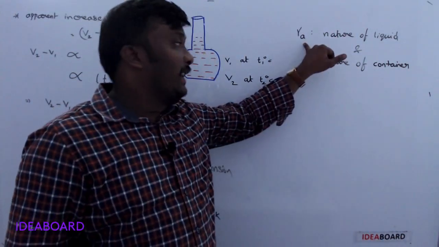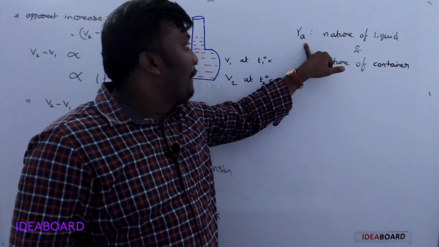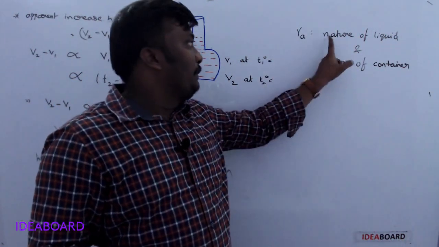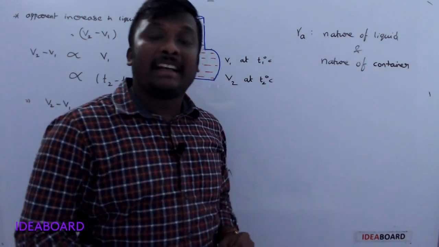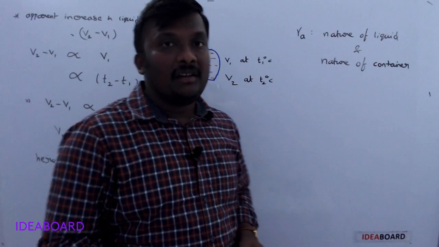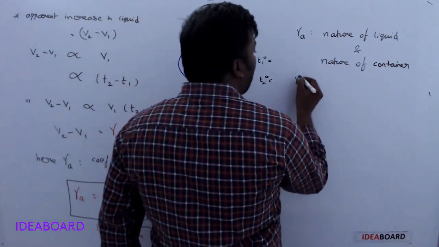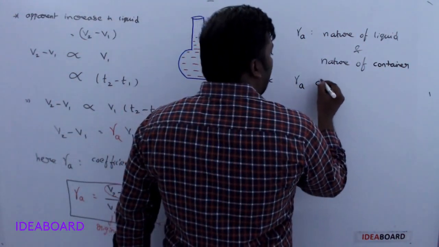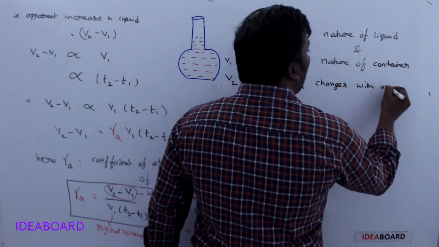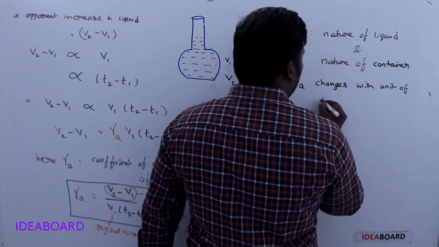Gamma A is apparent, so the coefficient of apparent expansion depends on the nature of liquid as well as the nature of the container. Understand? And its value changes with the unit of temperature.